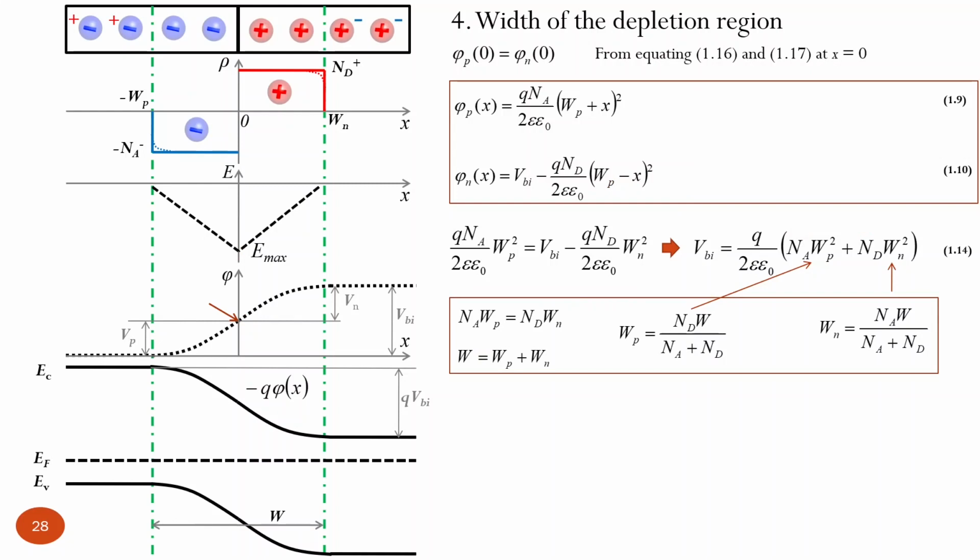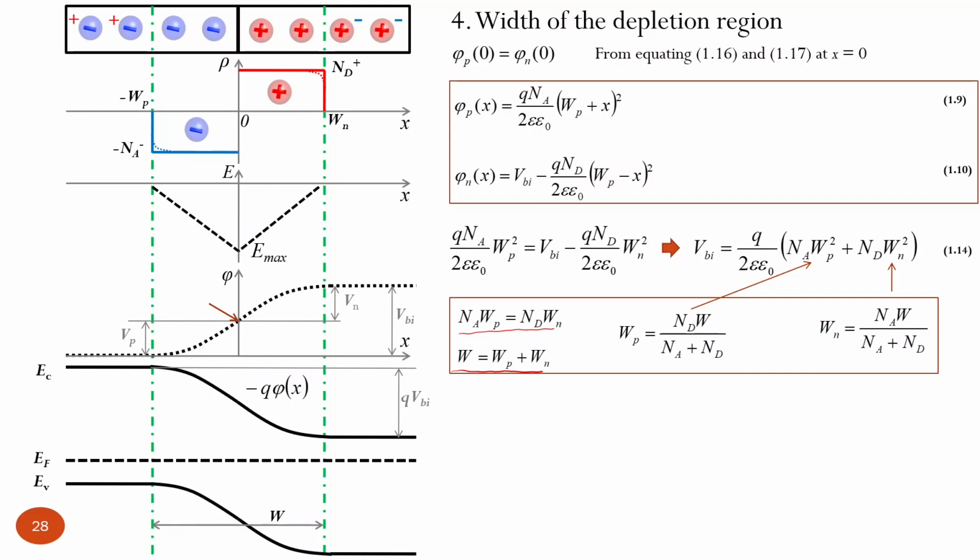So now we recall from previous slides we got this relationship which shows a direct relationship between the concentration of either donors or acceptors and the respective thickness of the depletion region, and the fact, quite obvious, that the total width of the depletion region is the sum of the widths of each region.